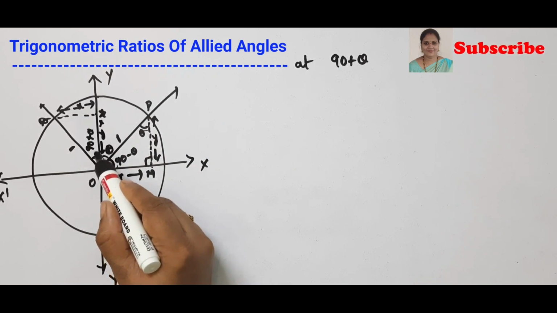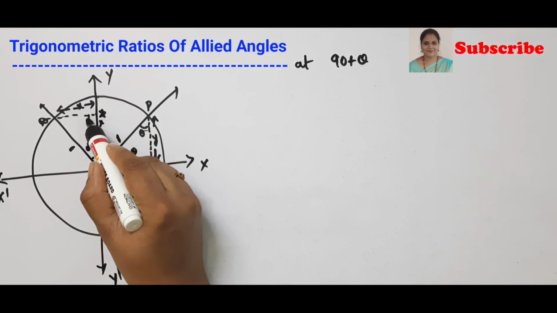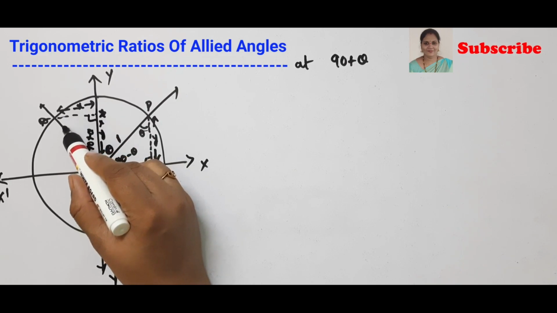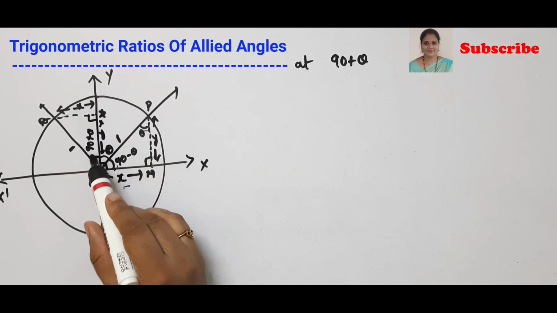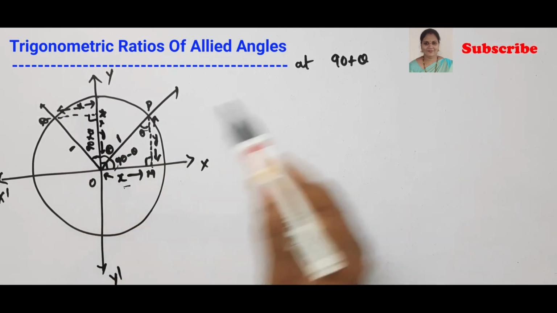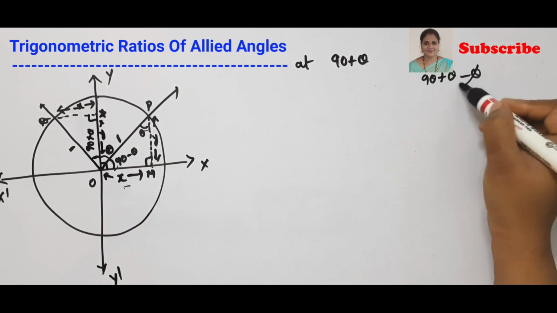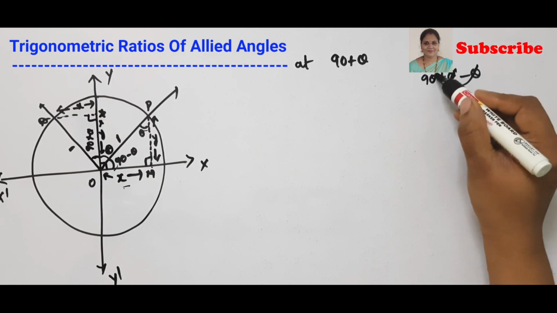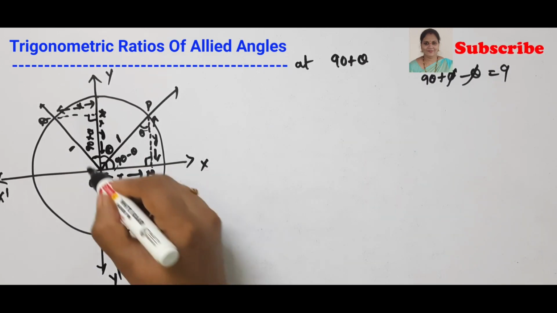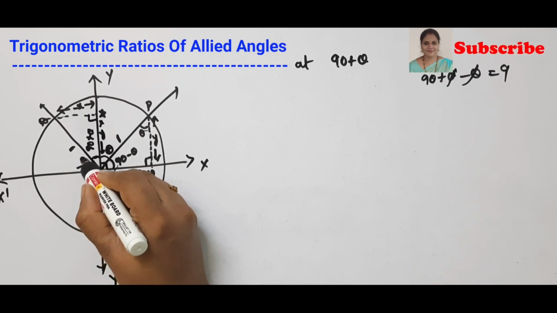We got one angle, that is 90 plus theta. This is 90 degrees. It is clear. We need this angle. If this is 90 plus theta, this angle will be minus theta, is it not? 90 plus theta minus theta, theta cancels, you will get 90. So this angle will be minus theta.